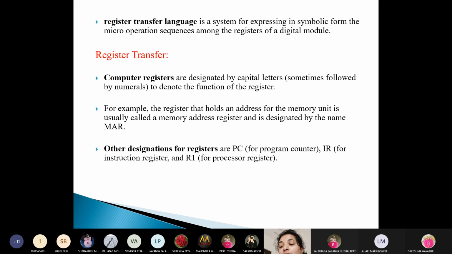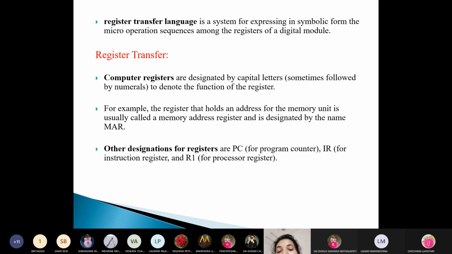The individual flip-flops in an n-bit register are numbered from 0 through n-1. Whatever register we take, it is numbered from 0 to n-1, starting from 0 in the rightmost position and increasing the numbers towards the left.